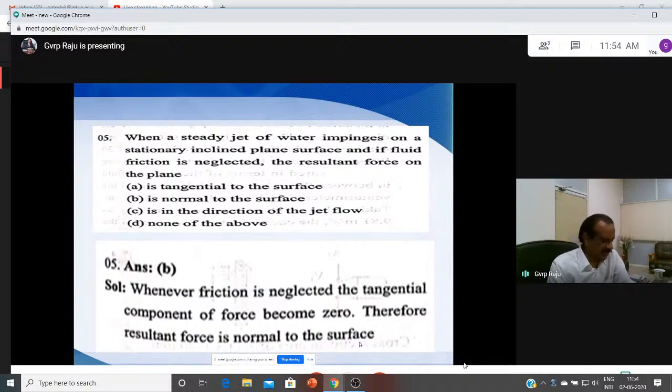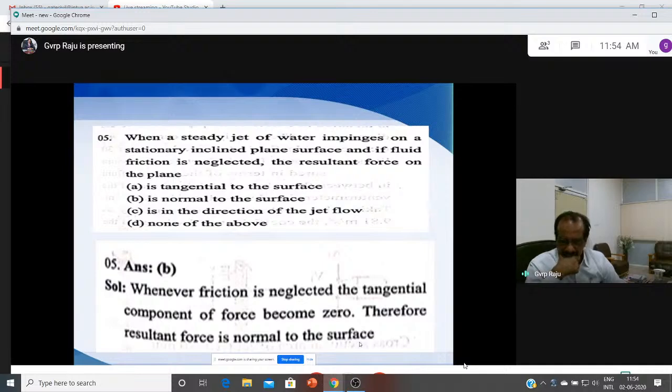When a steady jet of water impinges on a stationary inclined plane surface, and if fluid friction is neglected, the resultant force on the plane is normal.